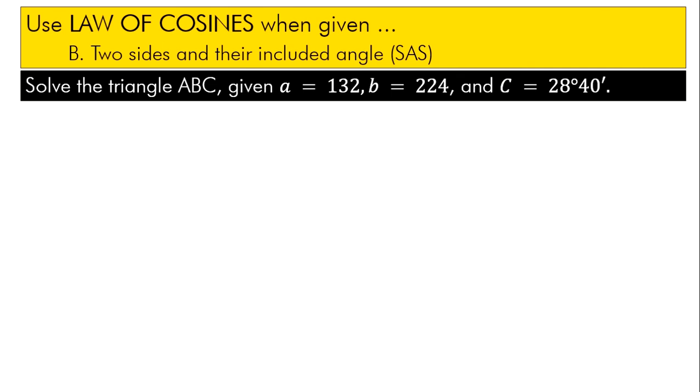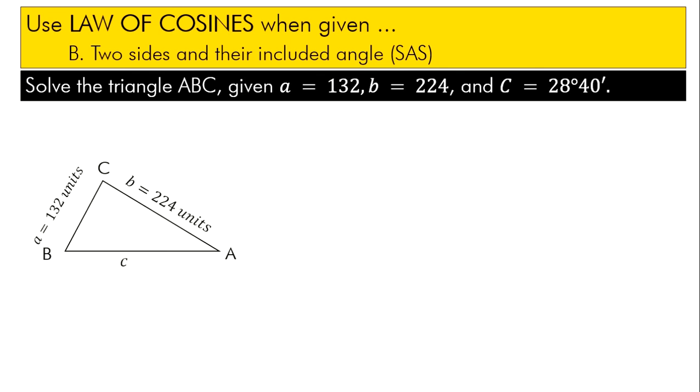Here we have our illustration: a triangle ABC with side A, side B, and angle C. We have side A as 132 units, side B as 224 units, and angle C is 28 degrees 40 minutes. So this is side angle side, and we'll use the cosine law for this.